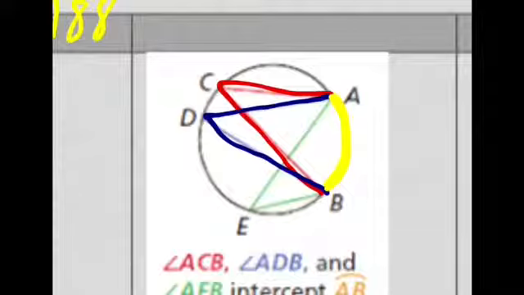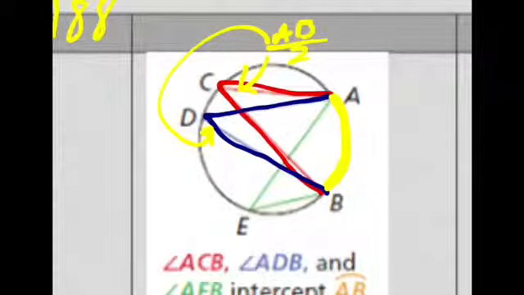Because whatever AB is, this is going to be 1/2 of AB, and that angle is also going to be 1/2 of AB. And guess what? So is this angle. It doesn't really matter where the vertex is. As long as the vertex is actually on the circle, then that angle is going to be 1/2 of whatever arc it intercepts.